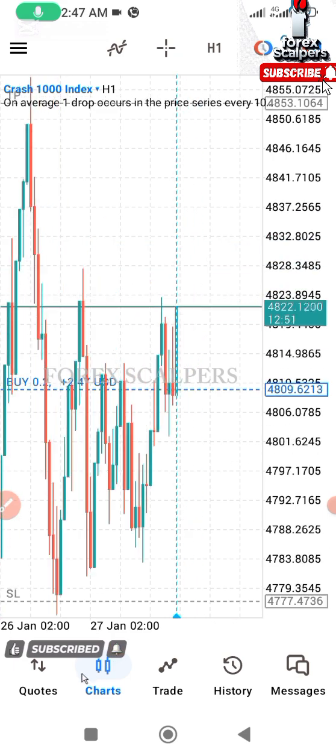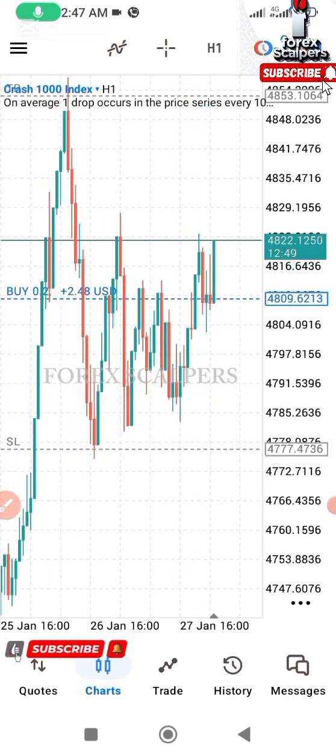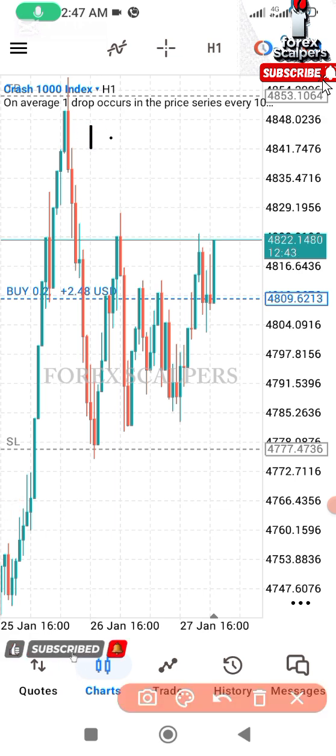As a smart money trader, we will trade the order block as our point of interest, which is the OB. We will trade the fair value gap. It's another point of interest. We will trade the smart money cube.